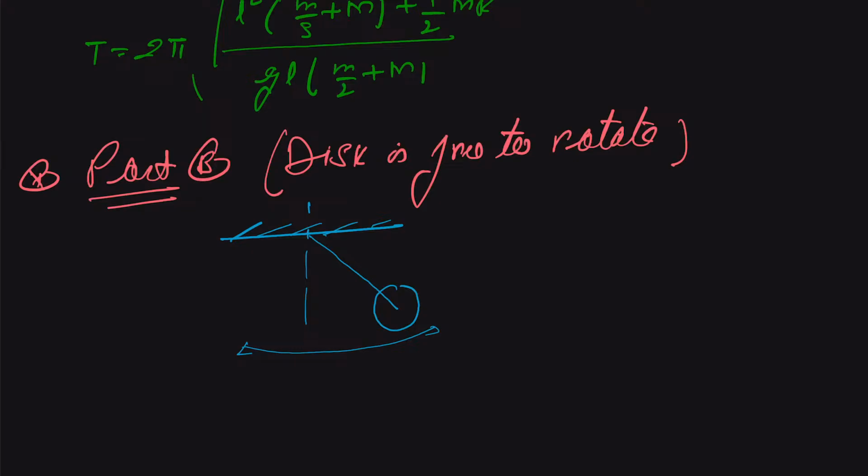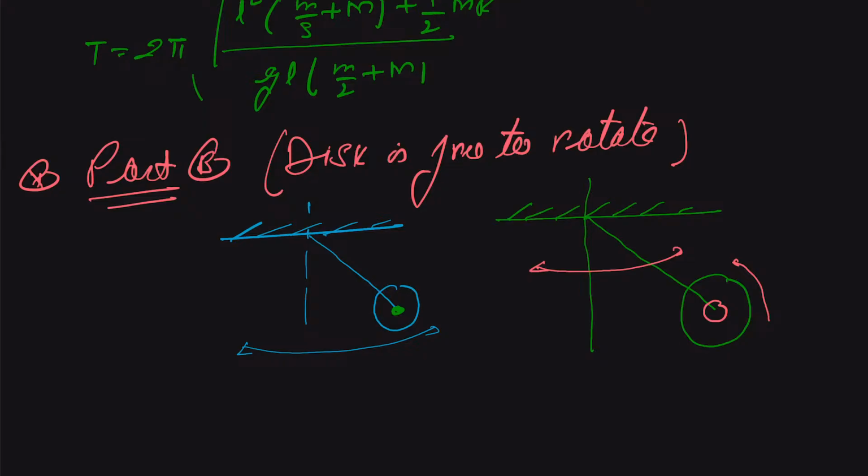But in the second case, there is no doubt that the disk is still along with our rod, but this disk is free to rotate. Here the disk was fixed, here the disk is not fixed, so the disk is free to rotate. So in this case, as the rod moves between its extreme ends, this disk is going to rotate about its bearing.